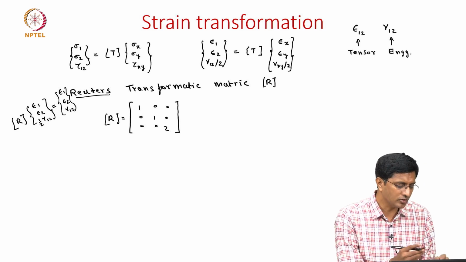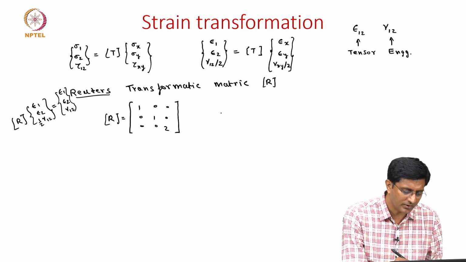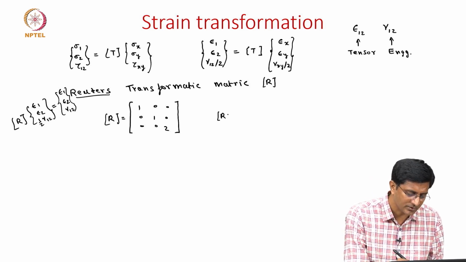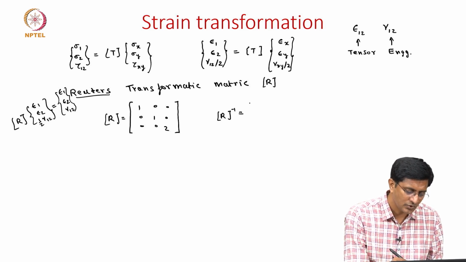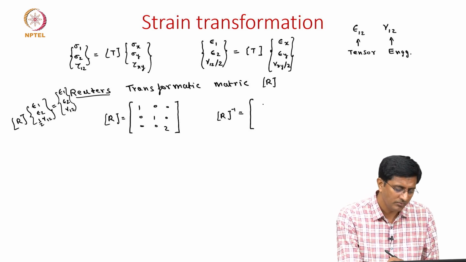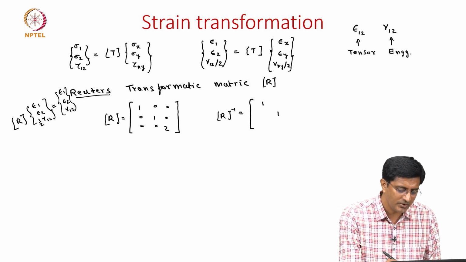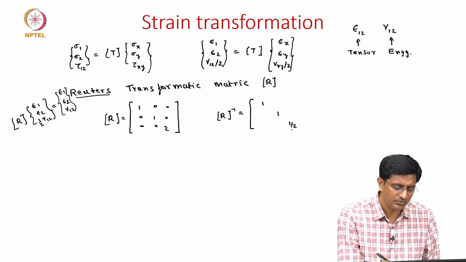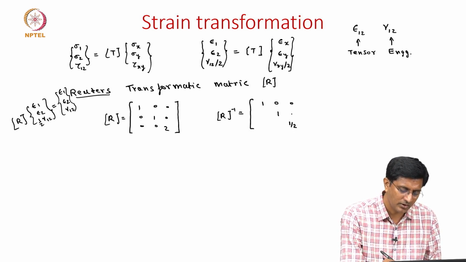But sometimes you may also want to go the other way. So, for that let us define what is R inverse. How do we write R inverse? It will be almost the same, the only difference is the diagonal elements will be 1 half instead of 2, we will replace it with half, the rest all again going to 0.